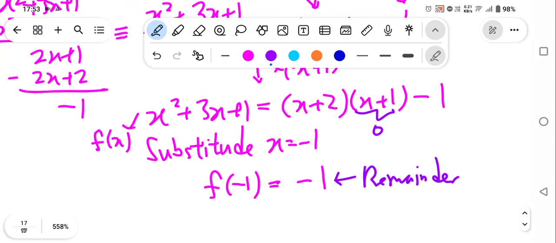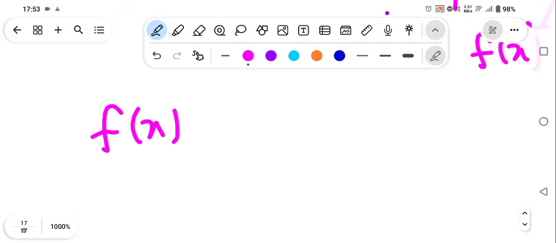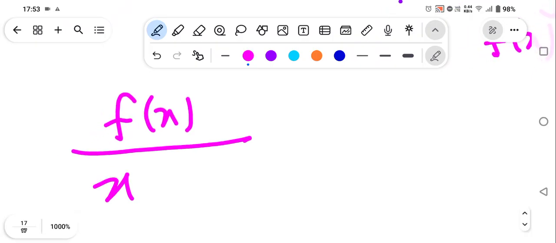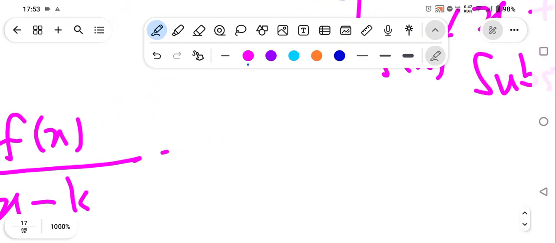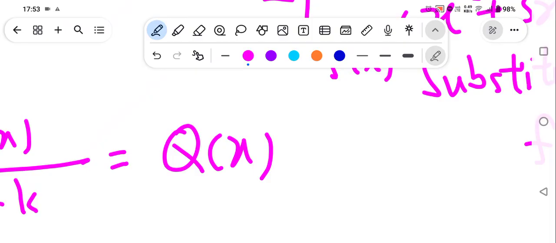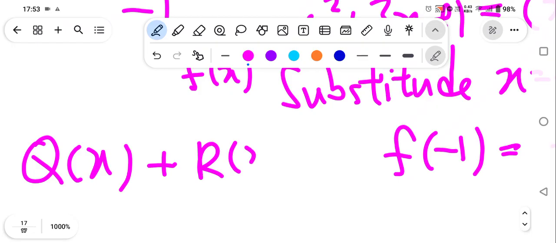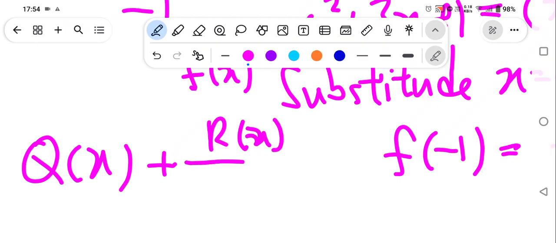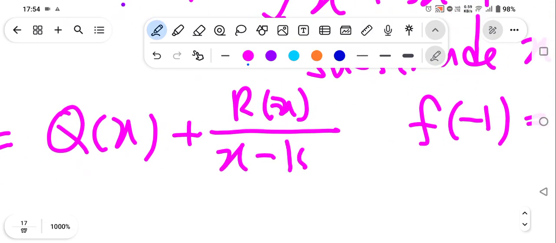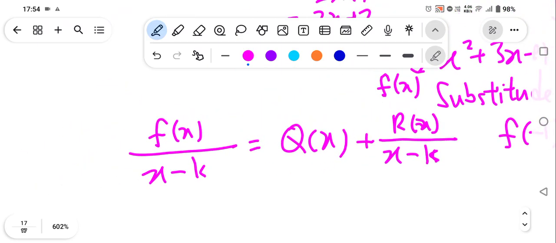To generalize this, if we divide f(x) by x minus k, this will give us a quotient plus the remainder over x minus k.